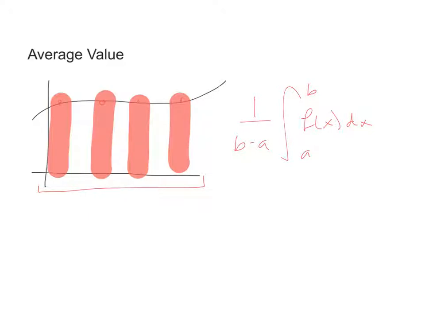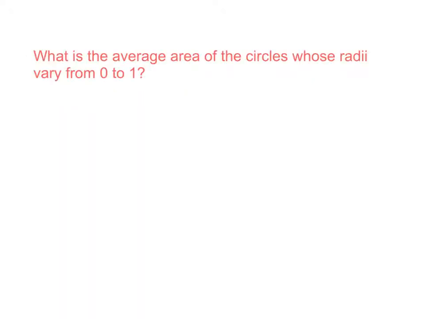So, for example, what is the average area of the circles whose radii vary from 0 to 1? Well, the area of all circles is pi r squared. So we want to know the average area with respect to its radius, since that's what we're looking at, from 0 to 1.